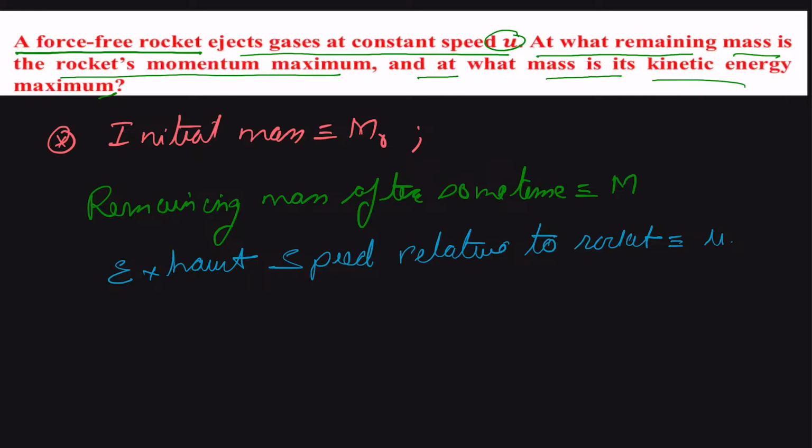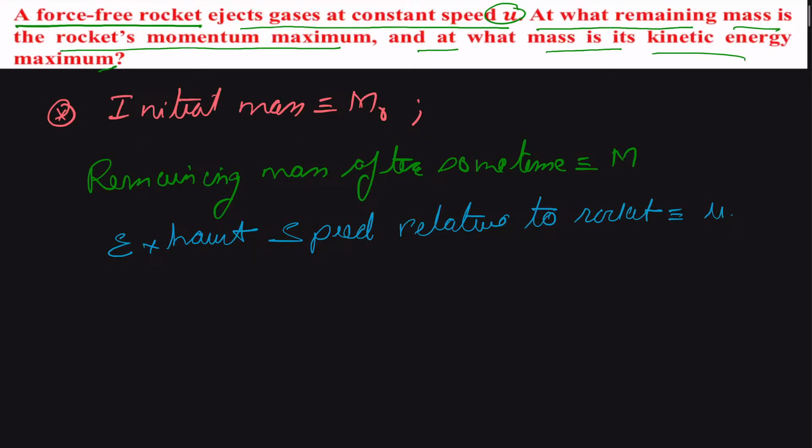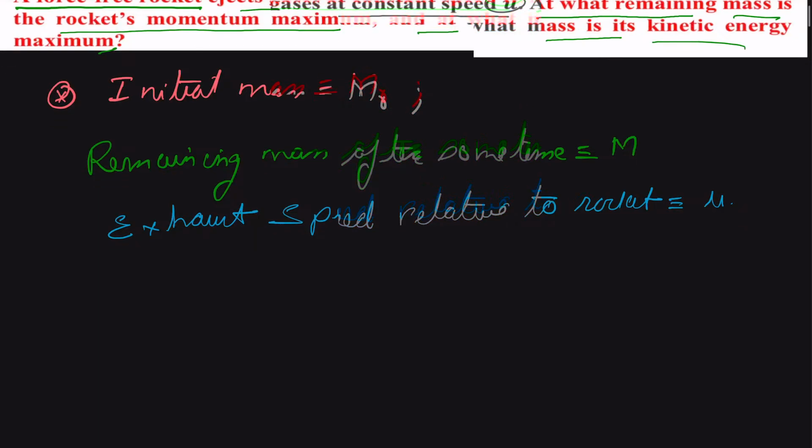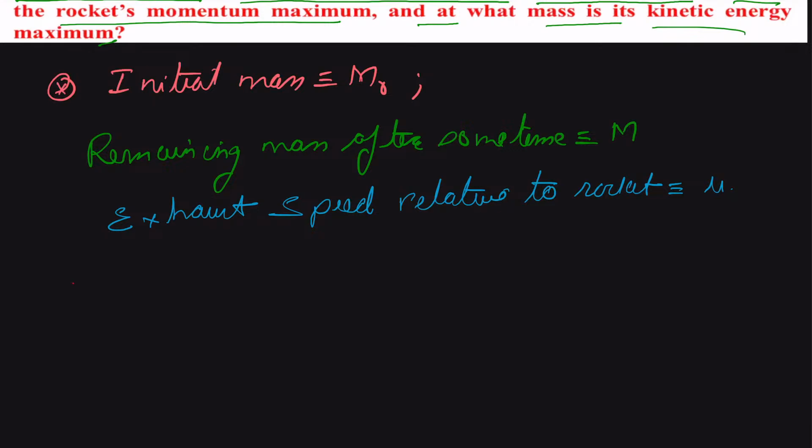So obviously we can use the conservation of momentum. So first of all, let's find out what will be the velocity of the rocket. And this is a standard formula also, so if you know the formula you can directly solve it, or if we want to derive it, it's quite simple to derive also.